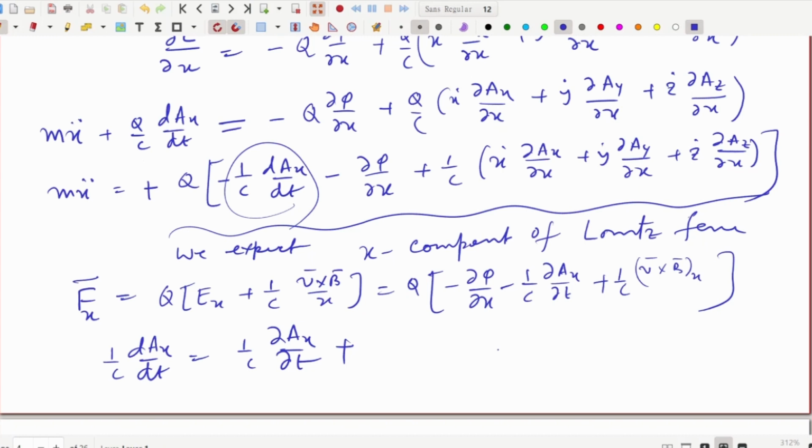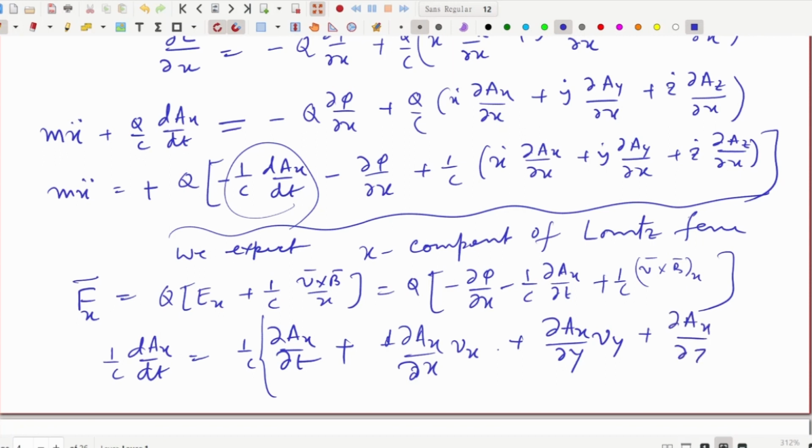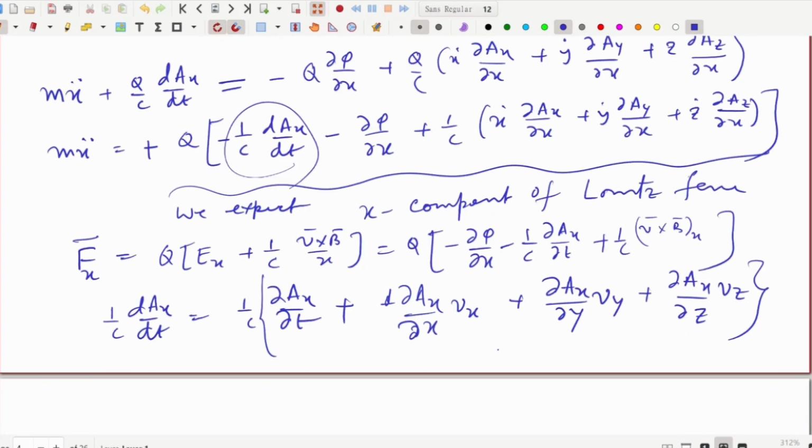So first I differentiate with respect to t, then ∂Ax with respect to x times v x, similarly ∂Ax/∂y times v y plus ∂Ax/∂z times v z. This will be the dAx/dt.